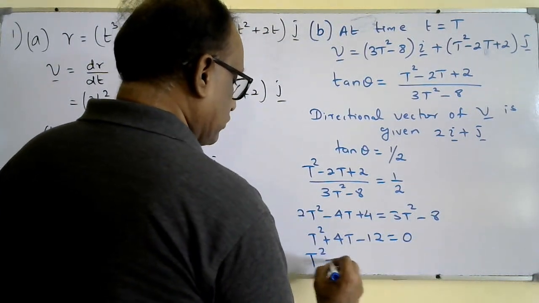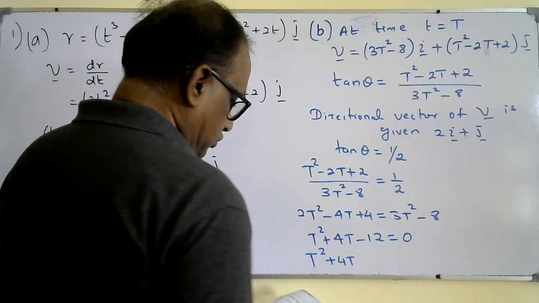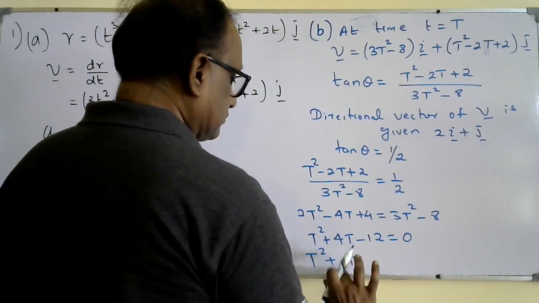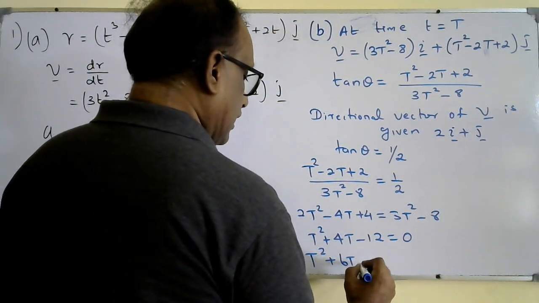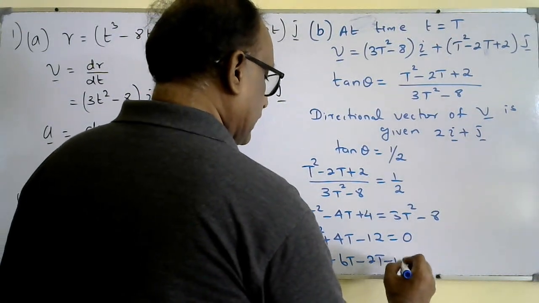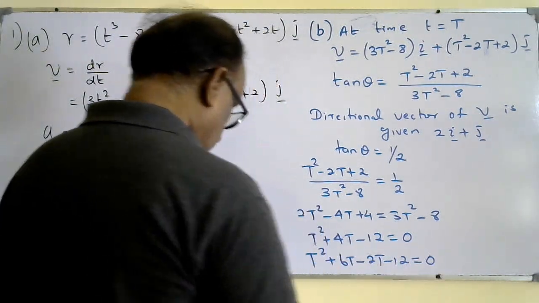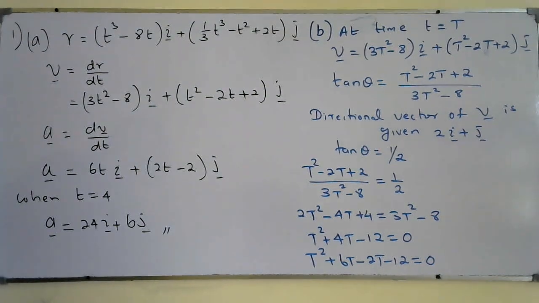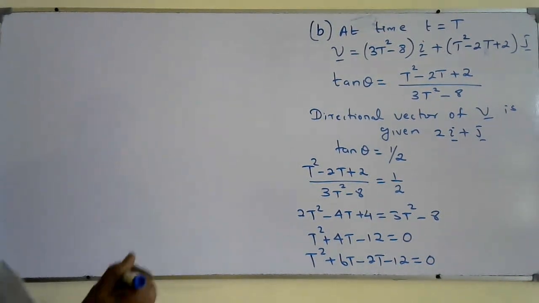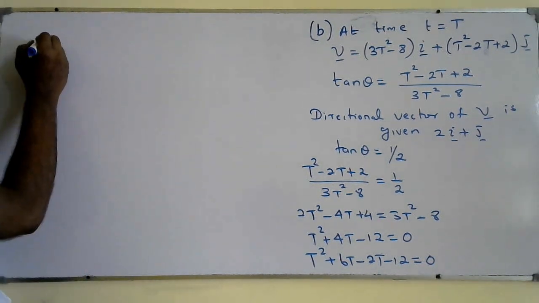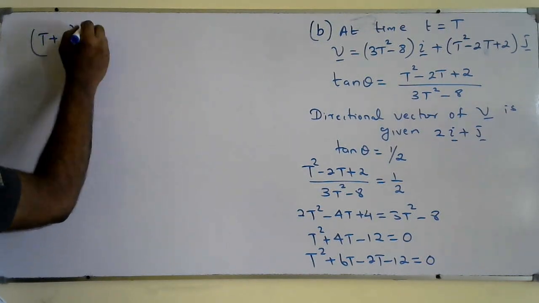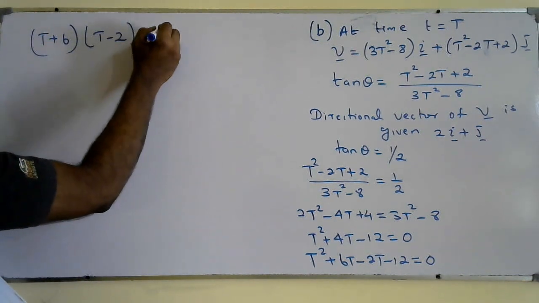Factorize it. Before that, 4t should be 6t, sorry. t squared plus 6t minus 2t minus 12 equals 0. You can continue it. So that will become t plus 6, t minus 2 equals 0.